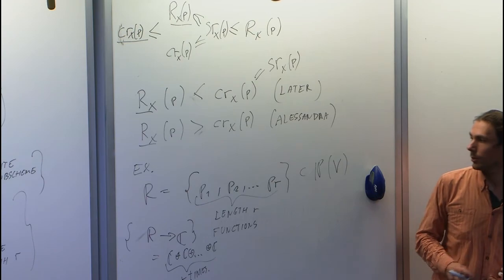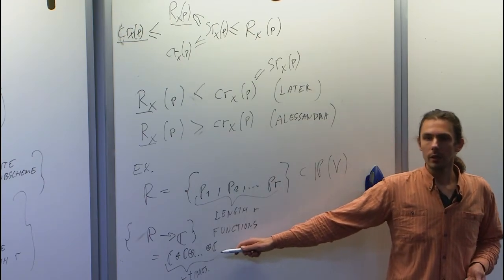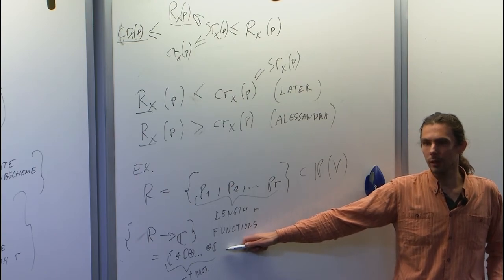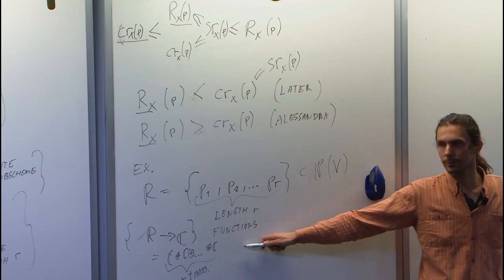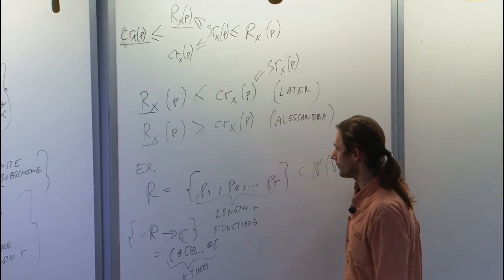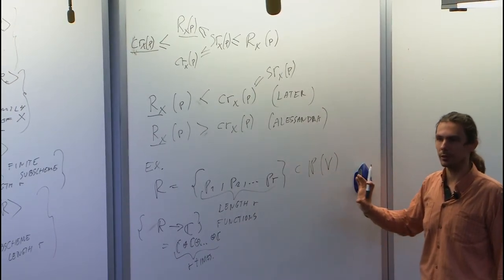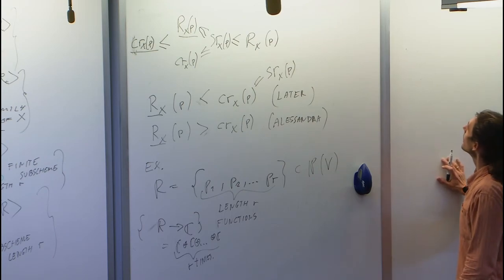The idea behind schemes is to allow geometric objects which have more complicated algebras of functions. So let me stick to examples first, and then I will try to formalize this.